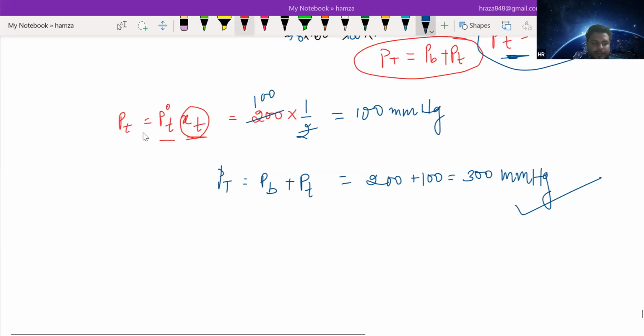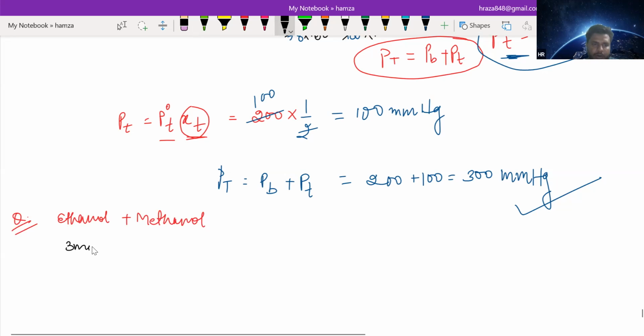Are you done with this? There is a solution in which ethanol plus methanol is present.